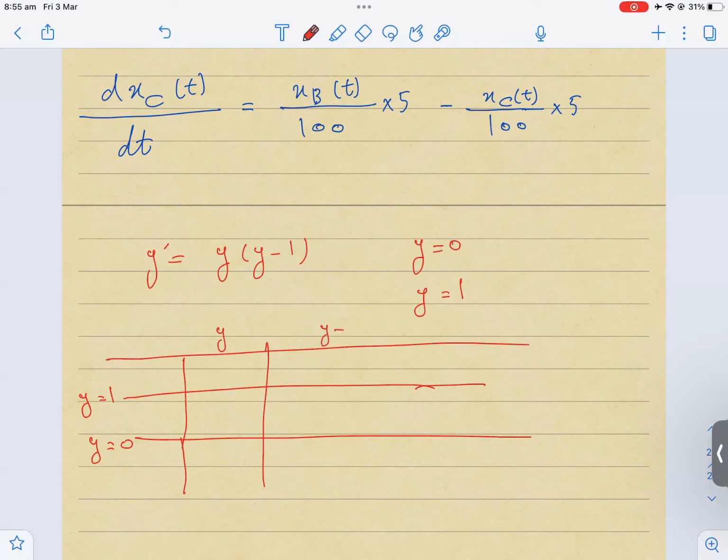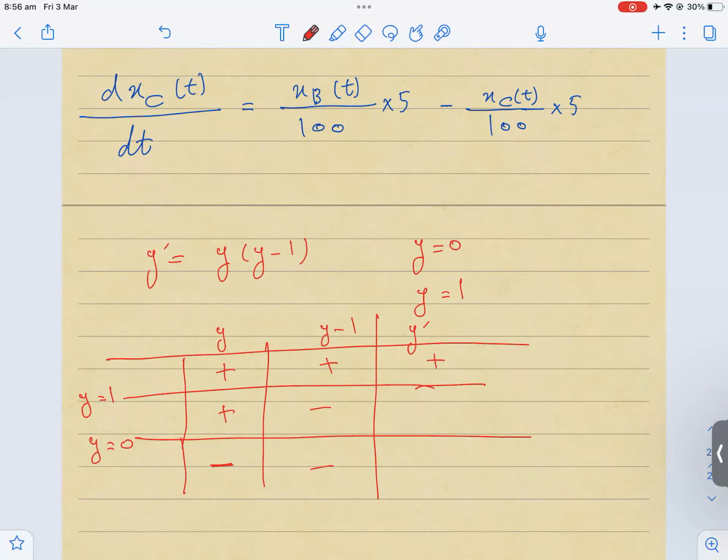Here is y minus 1. And here is y prime. So y more than 1 is positive, more than 0 is positive, and here y less than 0 is negative. y minus 1, more than 1 is positive, negative here, okay? So positive times positive will be positive.